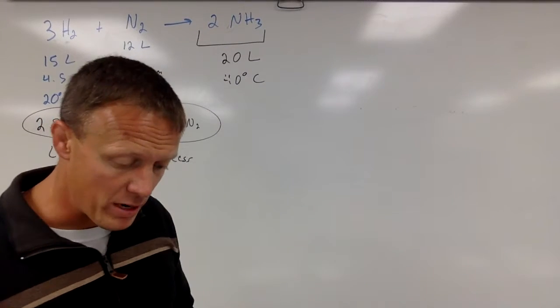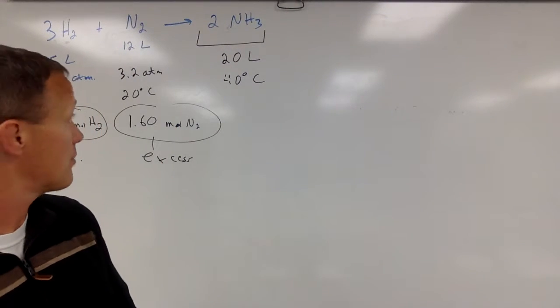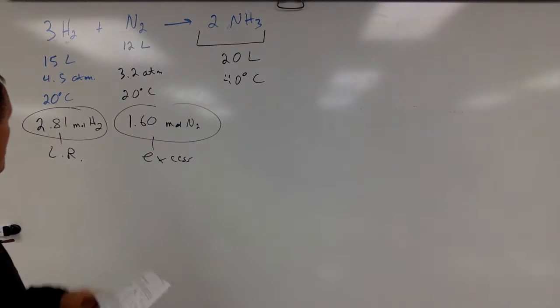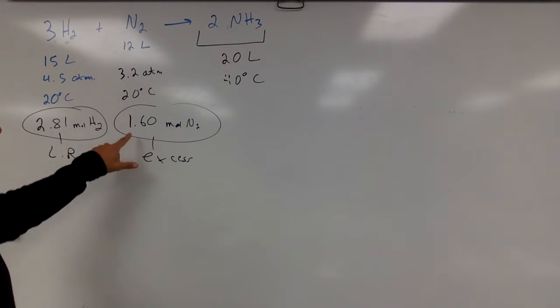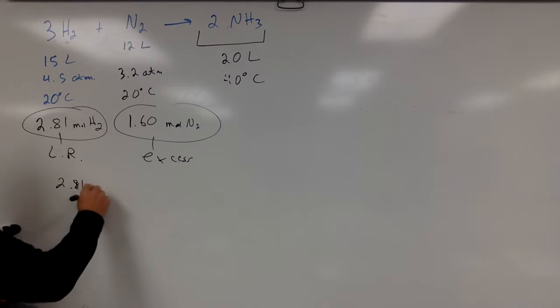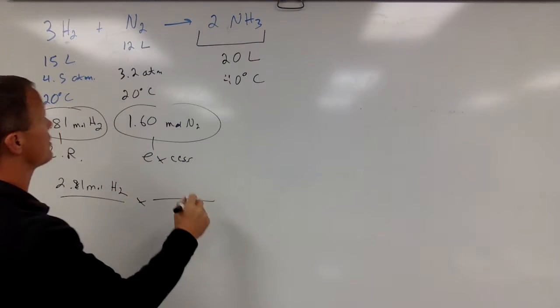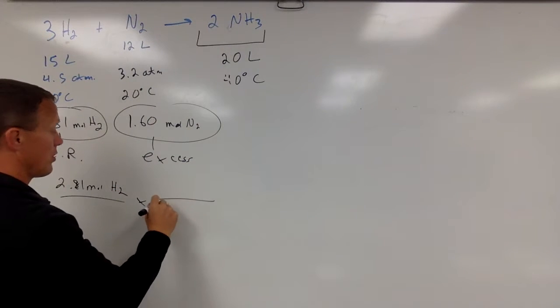So knowing that, let's figure out how many moles of this were produced. That'd be normal stoichiometry. So this is our limiting, so we'll start with that. If I say you have 2.81 moles of hydrogen that we know are used in the reaction, it's a 3 to 2 ratio.